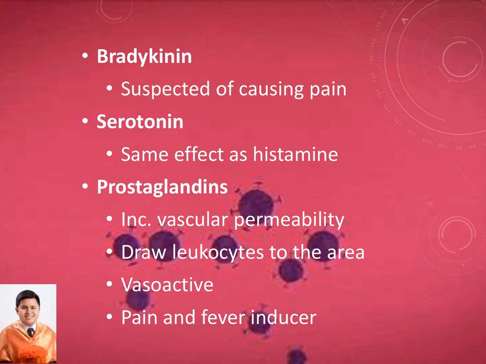These mediators also increase the vascular permeability for the main reason of drawing leukocytes or the WBCs to the affected area. They are also described as vasoactive, meaning they can cause changes to the blood vessels. And lastly, prostaglandins are also known to be one of the causes of pain and fever during the inflammatory process.